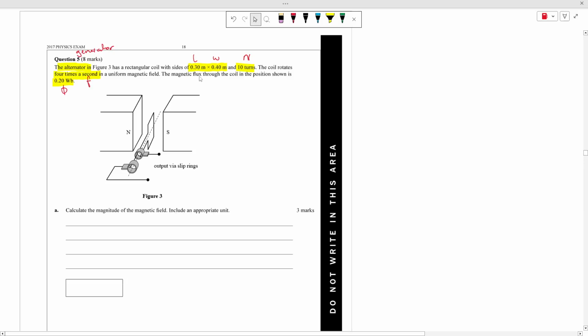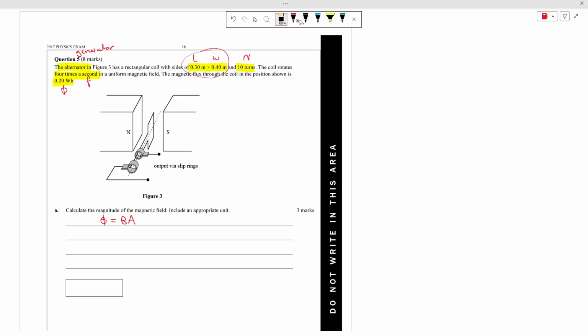So the magnetic field and magnetic flux and a bunch of other stuff are related using this. Flux equals field strength times the area that the flux is passing through. The area that the flux is passing through comes from these 2 numbers. So the area is 0.3 times 0.4.